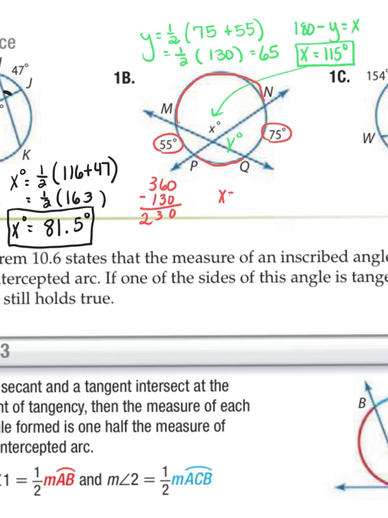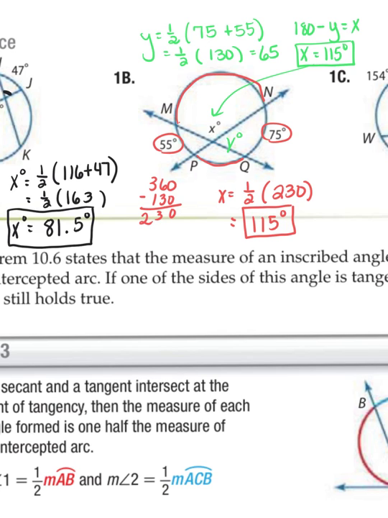So X is 1/2 the sum of MN and PQ, and we just figured out that's 230. Now, we don't know into exactly what different measures they're divided up into, but we know the sum is 230, and according to our formula, the sum is all we need to know. So if we take half of 230, we can get our 115 that way.